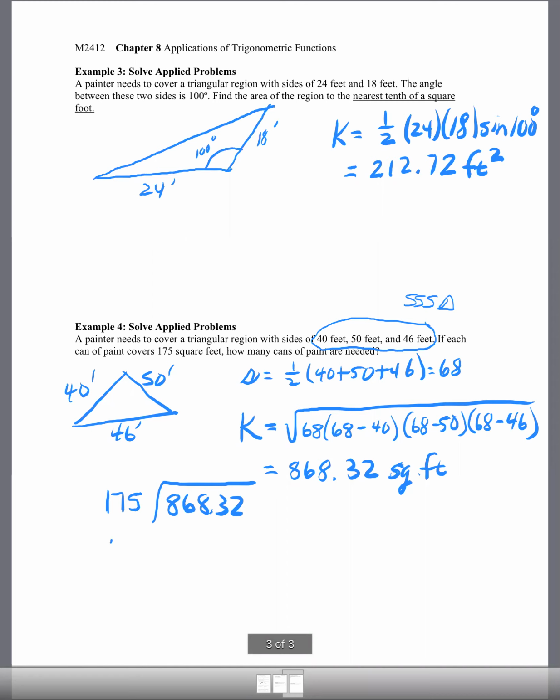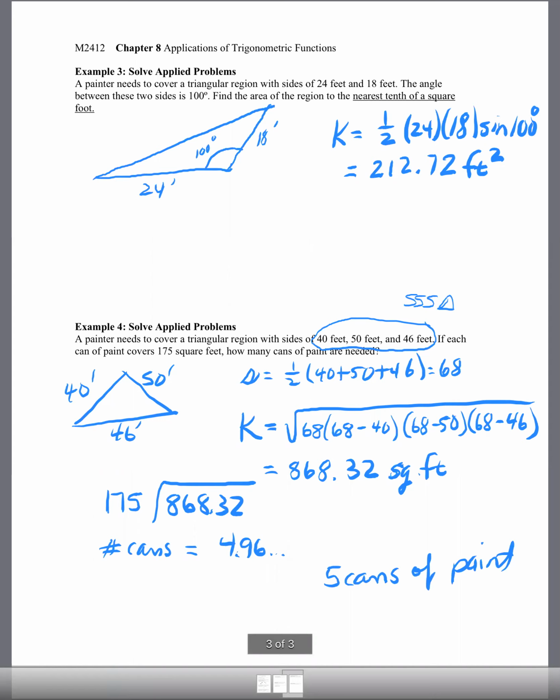And the number of cans, according to our calculator, is 4.96 and so on. Well, no one's going to let you buy 4.96 cans, and so we're going to have to go ahead and round that. And so it looks like we're going to need to buy 5 cans of paint.